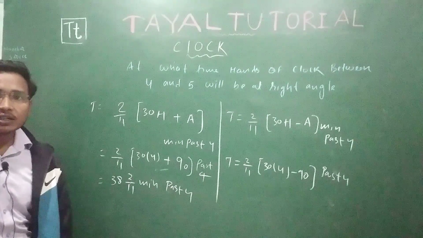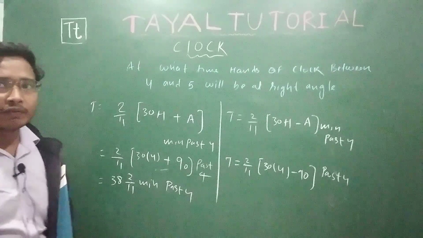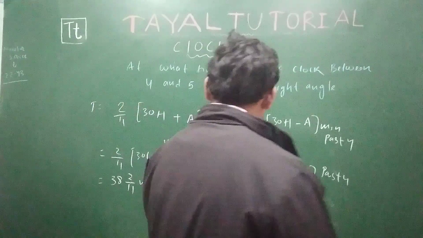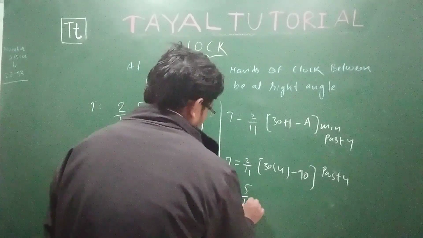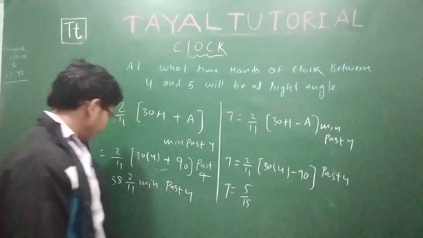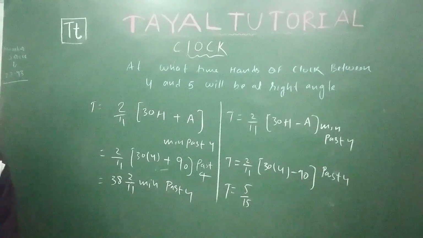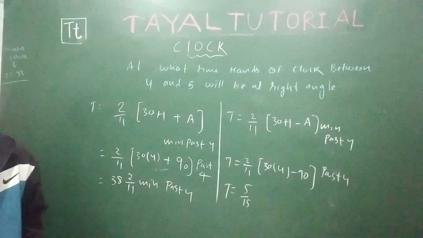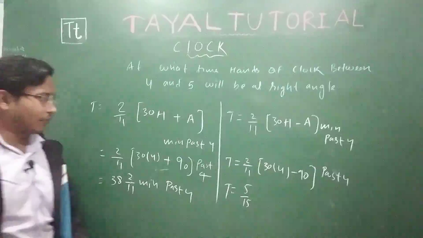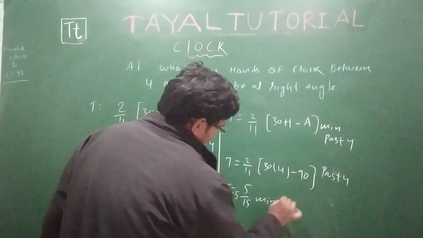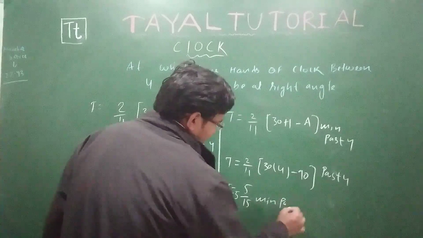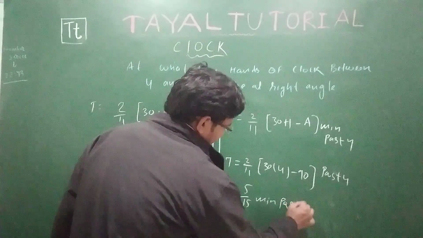After solving, t is equal to 5 5/11 minutes past 4.